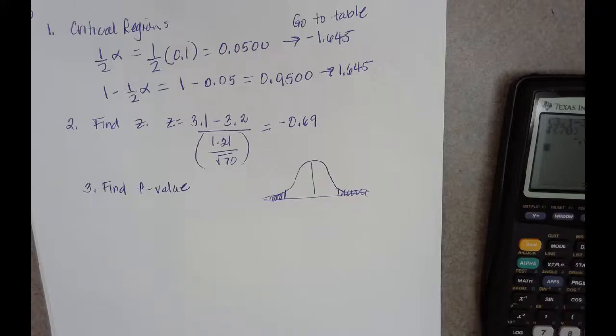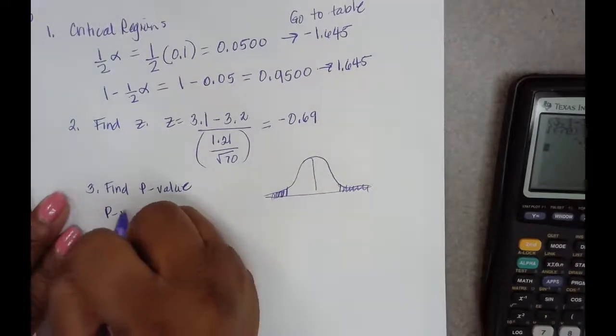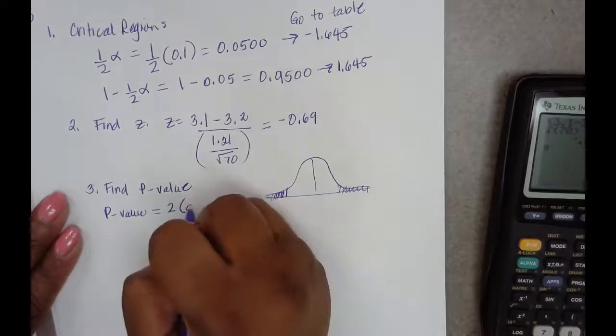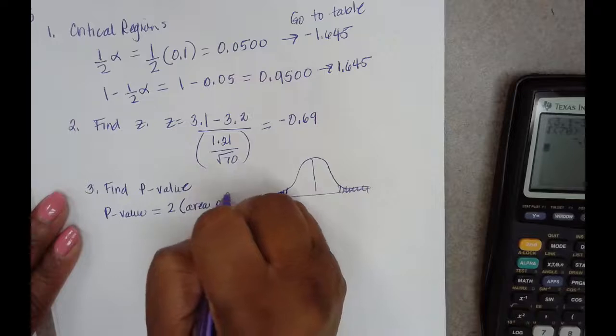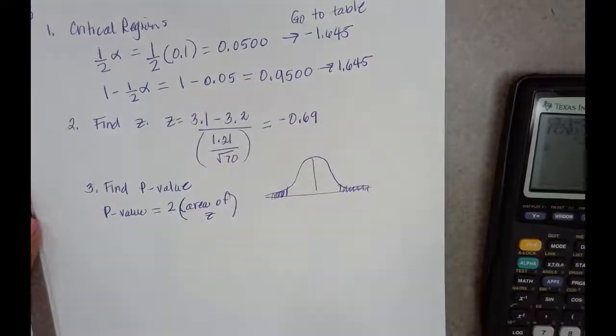I want to give this in the simplest way possible for this problem, because it's a little bit simpler than number 12. The p-value is equal to 2 times the area of the Z. Let me write that. P-value equals 2 times the area of Z. Well, where is the area of Z? We find that.